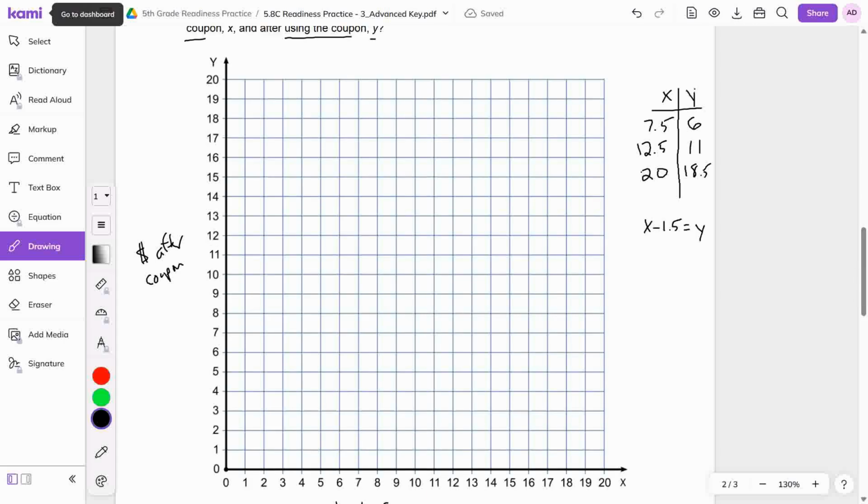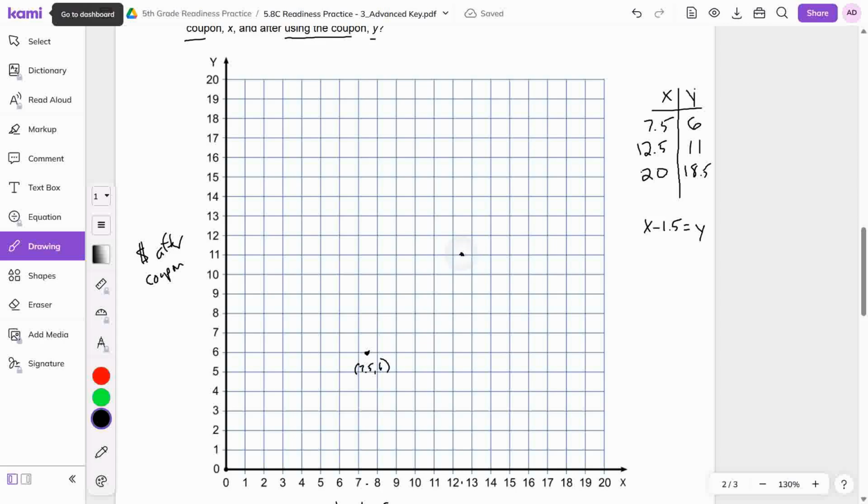All right, so let's start with this first point. So my x value is 7.5, so it's going to be right there between the 7 and the 8. My y value is going to be 6, so we can just place that right there. And I will go ahead and label that 7.5, 6. Now 12.5 is going to be right there between my 12 and 13, but that goes all the way up to 11.